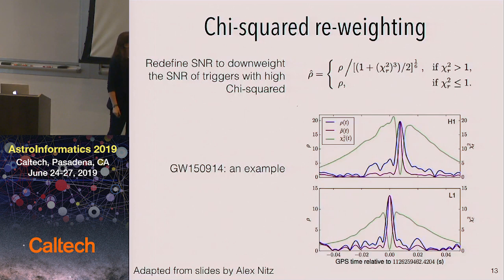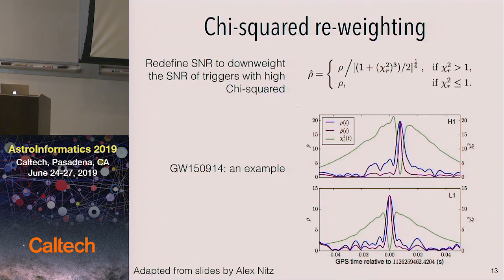This is for the very first detection, GW150914: a time series of unweighted signal-to-noise ratio in blue, the new SNR, this chi-squared weighted SNR, in purple, and chi-squared itself in green.